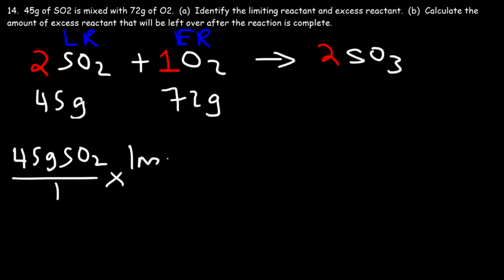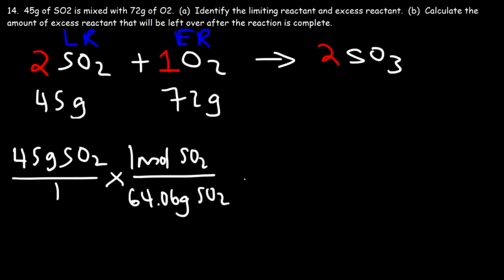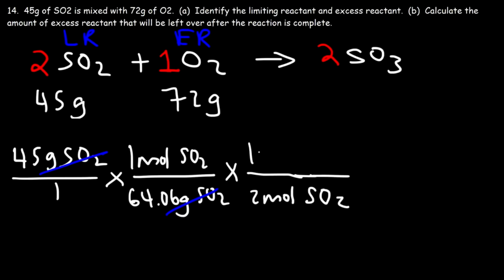So let's take the grams of SO2 and convert it to moles. The molar mass of SO2, we said it's 64.06. Now let's use the molar ratio between SO2 and O2. For every 2 moles of SO2 that reacts, 1 mole of O2 reacts with it.